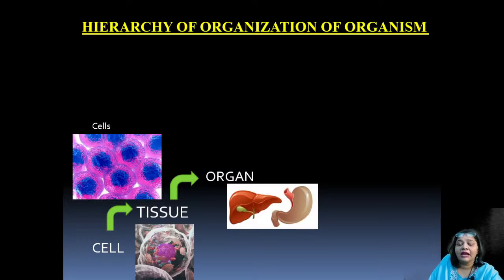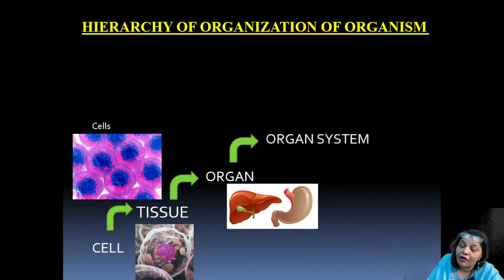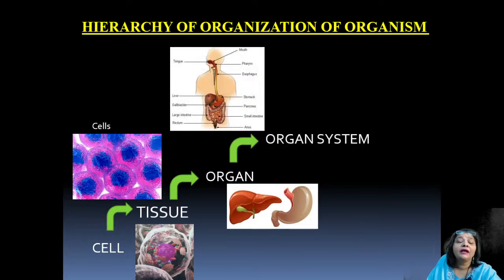Now, when these large organs would have arranged themselves, we call that an organ system. For example, the digestive system, okay, that shows different organs that are grouped together and performing, of course, parts of different functions carried out by each part.